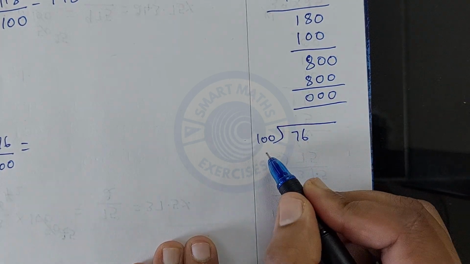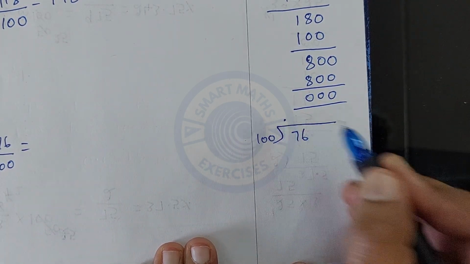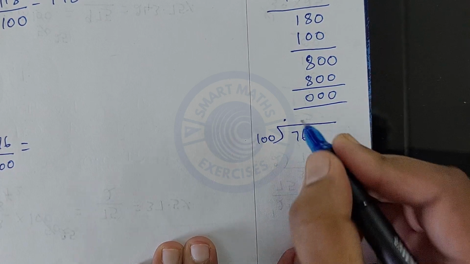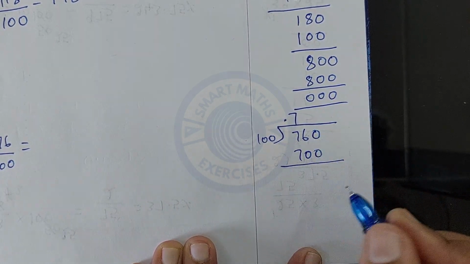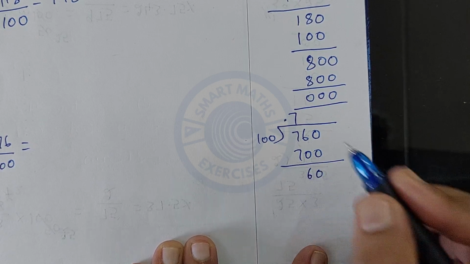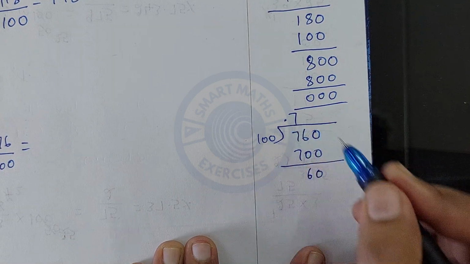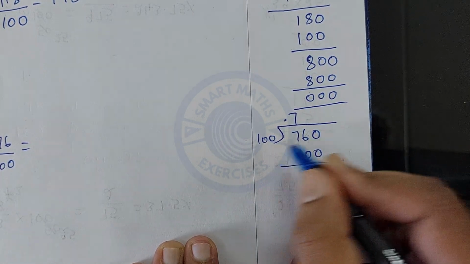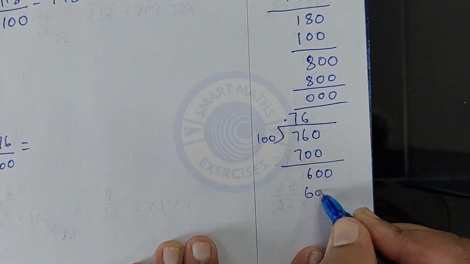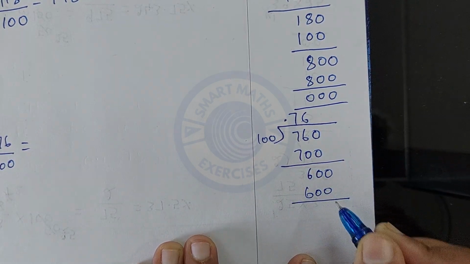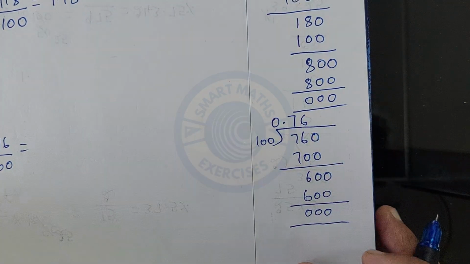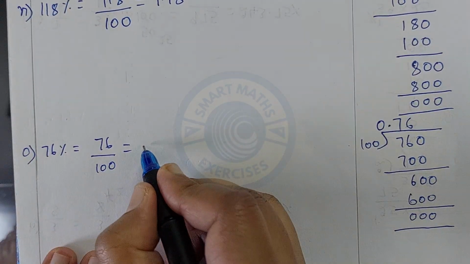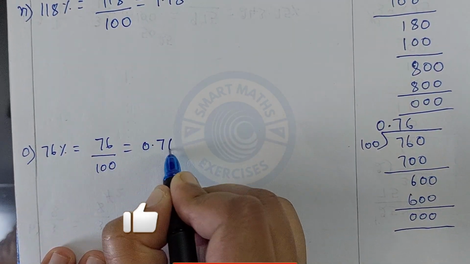Since 76 is less than 100, so add a decimal point and add a 0. 100 sevens are 700. 760 minus 700 is 60. Since we already have a decimal point here, add 0. 100 sixes are 600. 600 minus 600 is 0. So answer is 0.76.